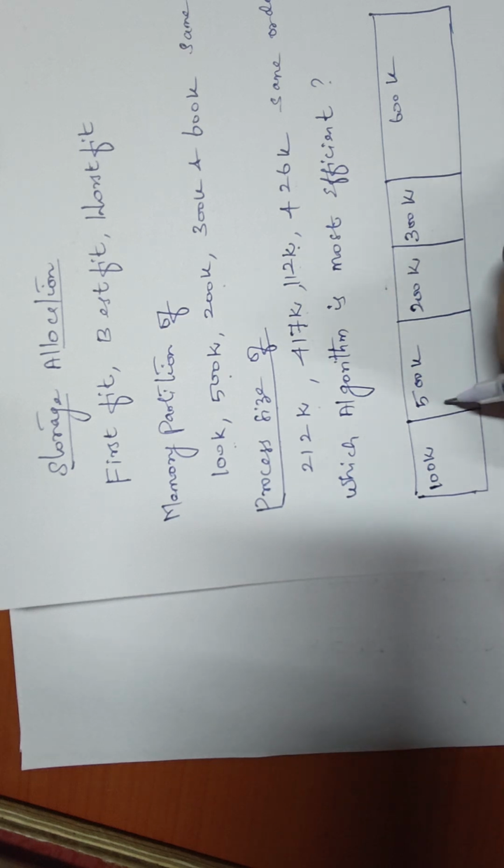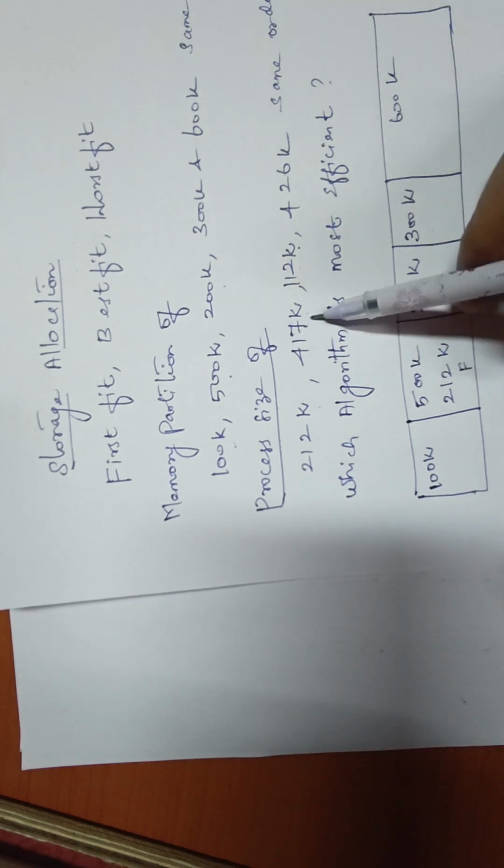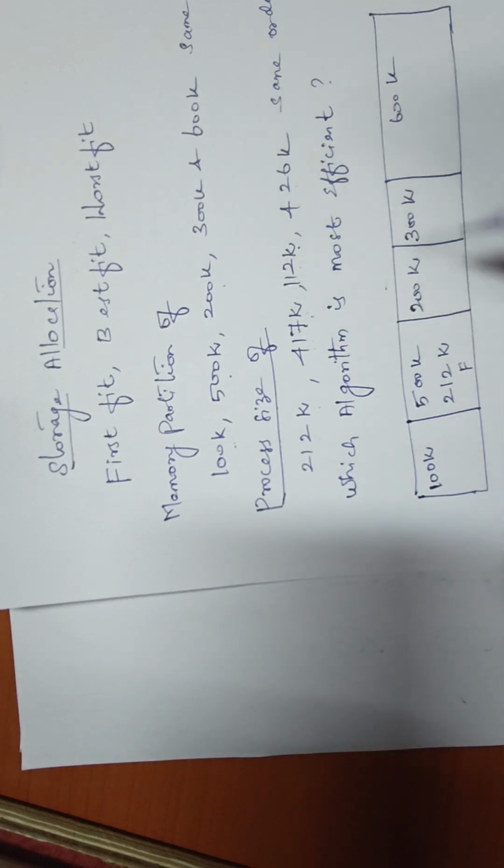So here the first fit algorithm chooses the slot of 500K, and 212 fits in this. For 417, it chooses the next free hole which can accommodate it. So here it is 600, and 417 is fit into the space of 600.